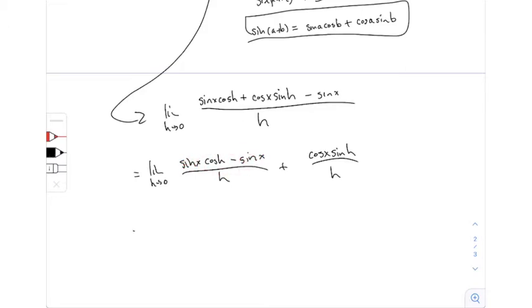So this is going to say sine x times cosine h minus 1 over h, and then plus, here I'm going to factor cosine x in the second one. I'm trying to separate out the x's from the h's. Sine h over h.